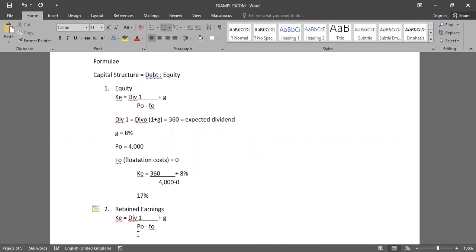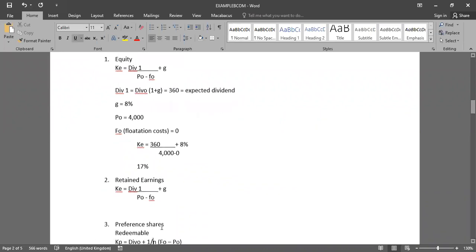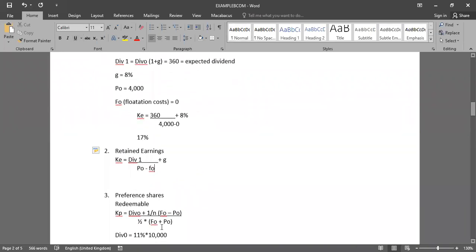The only difference is that it doesn't have flotation costs, because retained earnings are already in the business. You're not going to issue shares, you're not going to issue a prospectus, you're not going to advertise to have this money. So you don't have flotation costs. So it's only like this.